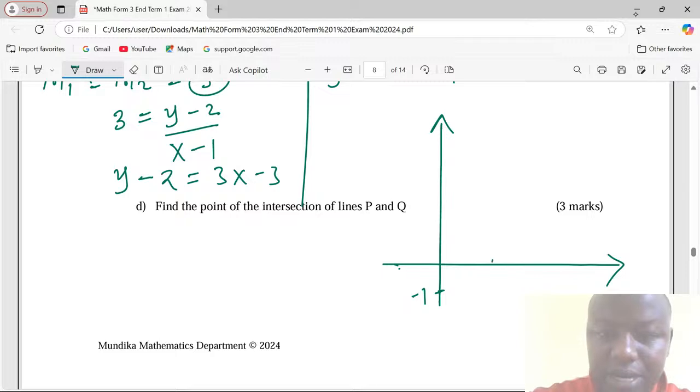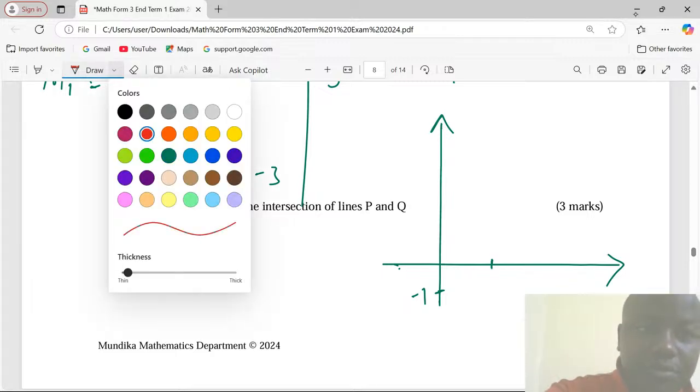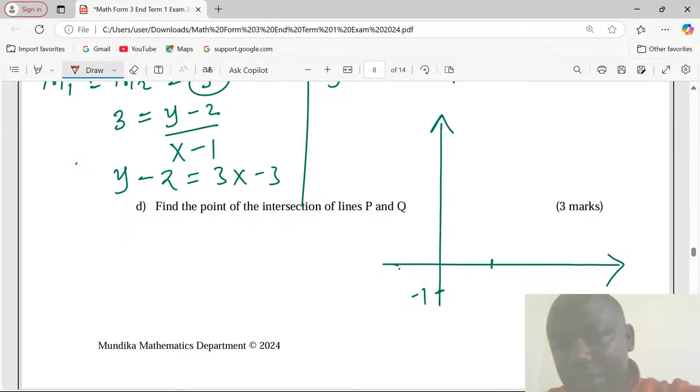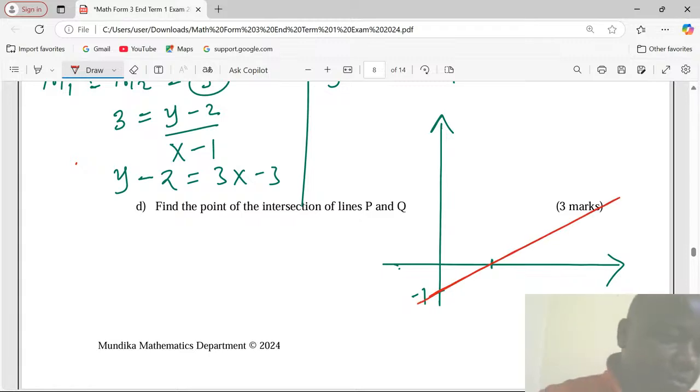The other one will be somewhere there. If we draw this line, there are the points where the line will cut the axes. Where the line cuts the y-axis is called the y-intercept. Where the line cuts the x-axis is called the x-intercept.